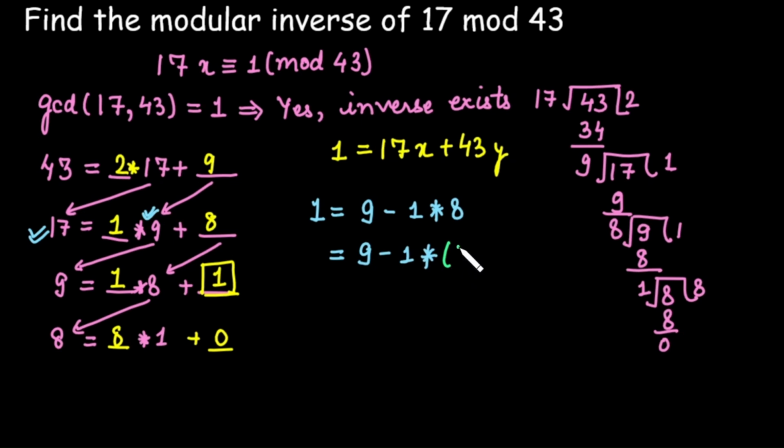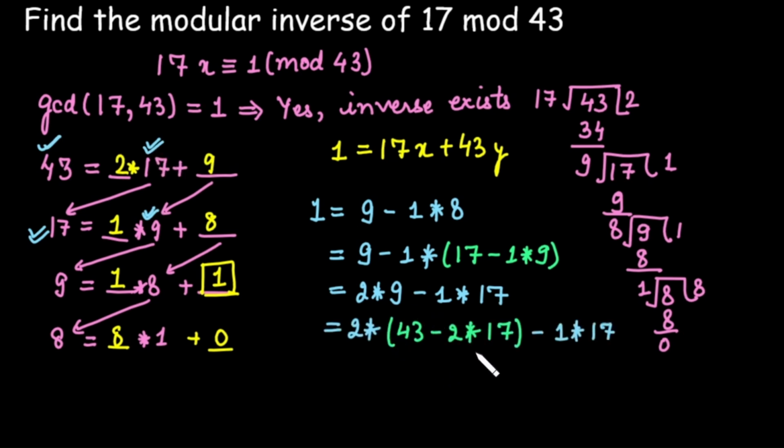That is 17 minus 1 times 9. Simplify this. What is the coefficient of 9? Here we have positive 1 plus 1, that is 2 times 9 minus 1 times 17. Now from its previous step, we can extract the value of 9 in terms of 43 and 17.